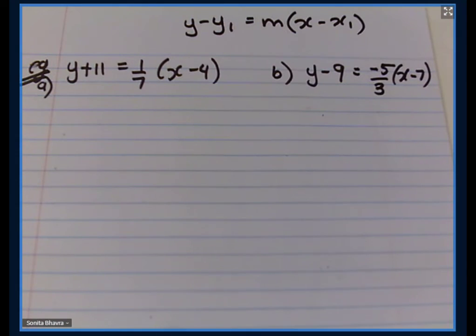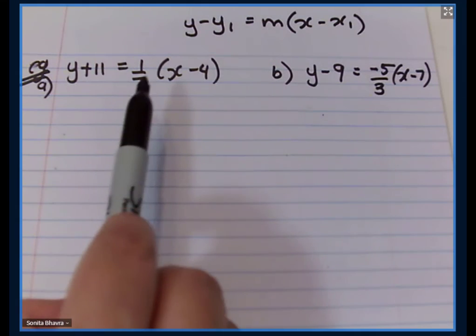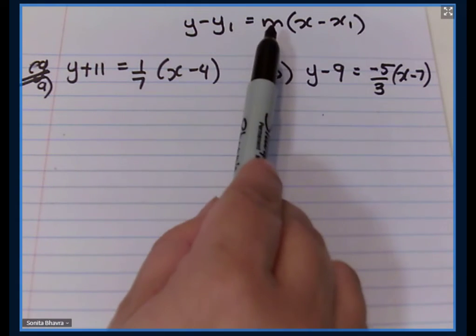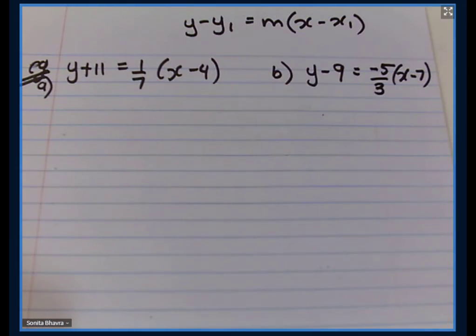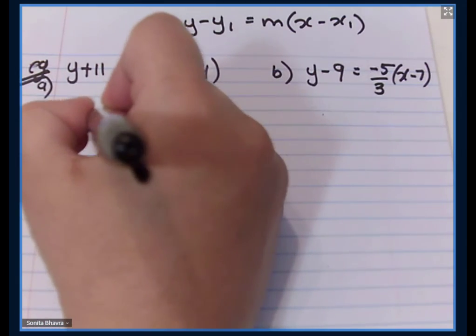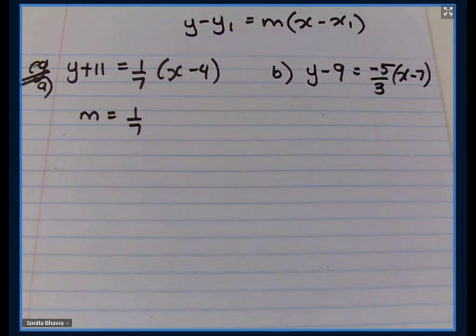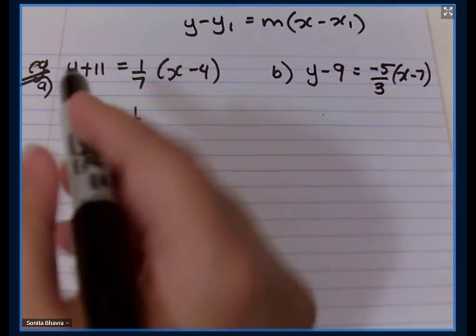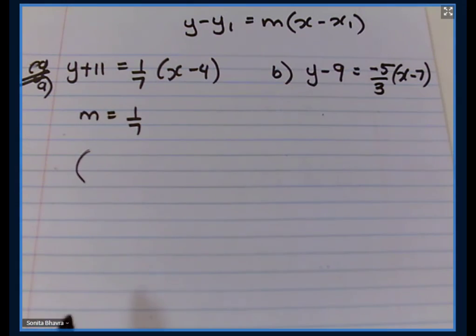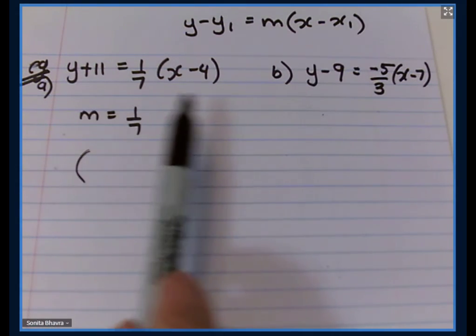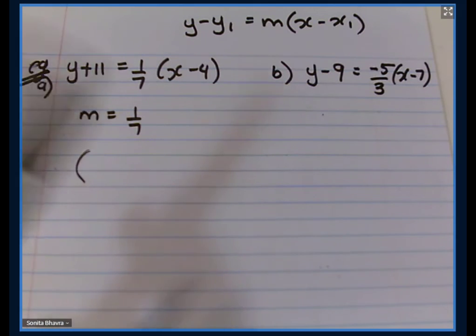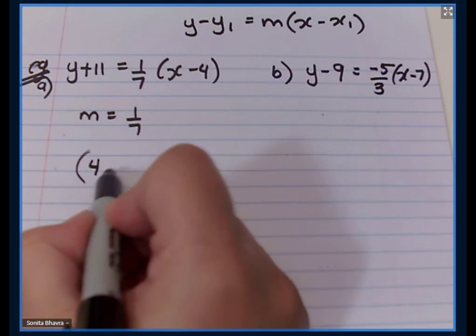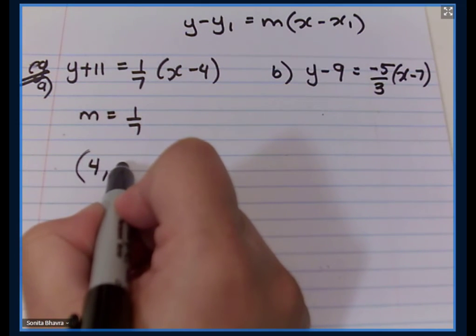So that's our slope point equation. Looking at our first example, this is our slope right here, our little m. So our slope is 1 over 7. And a point on the line, so that's our y and that's our x. But remember, our points are going to be opposite to the signs here. So our point is going to be 4 and negative 11.